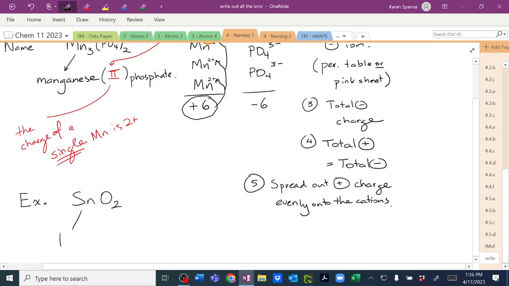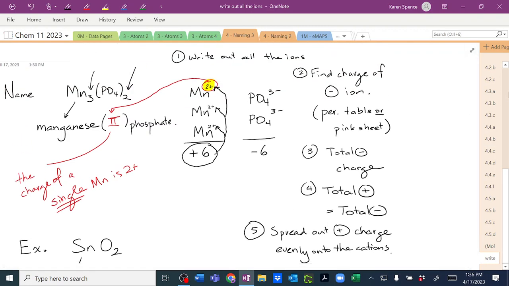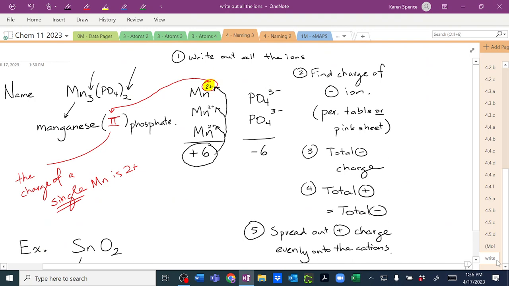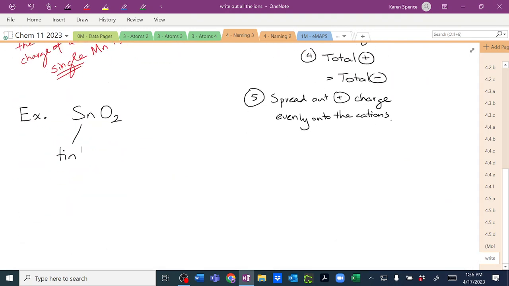So we have tin, and we look on our periodic table and we say, does it need a Roman numeral? Here's tin. Yes, it does. It's in the gray zone. So it does need a Roman numeral, so I'm just going to put the brackets there. And then this is just oxygen, so that is oxide.